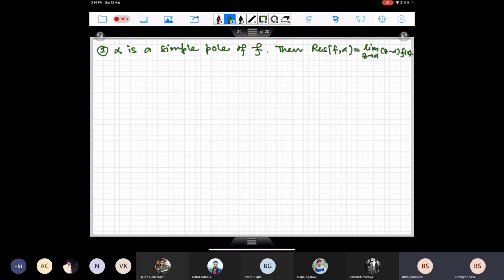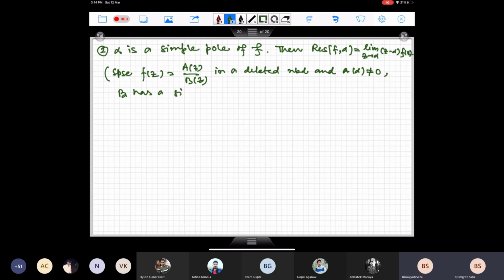Okay, so that's one form, and here I will also write another useful form. Suppose f of z is equal to a(z) by b(z) in a deleted neighborhood, and a of alpha is not equal to 0, and b has a simple 0 at alpha.